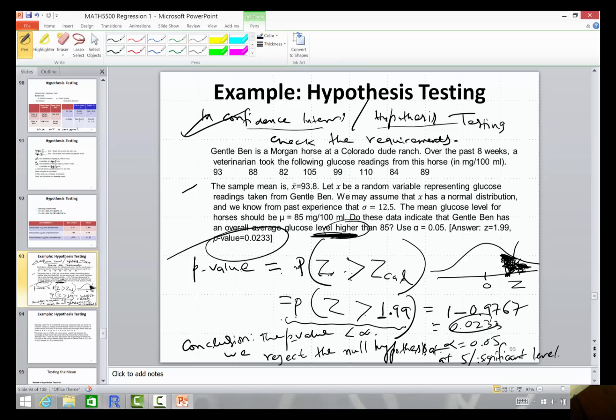I told you earlier, whenever the p-value is smaller than alpha, we reject the null hypothesis. So the null hypothesis is rejected.